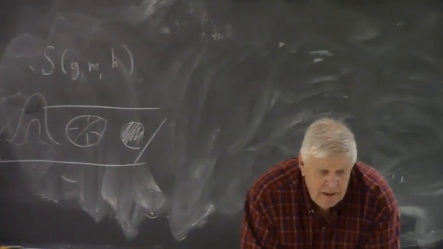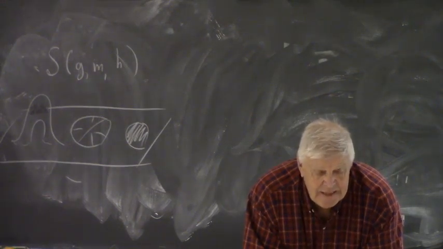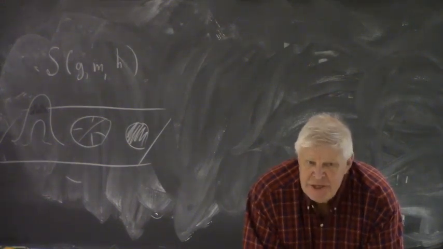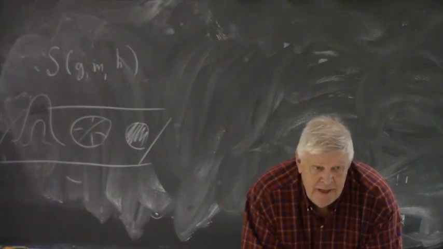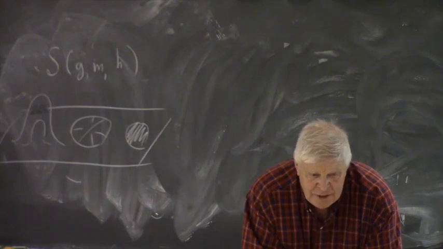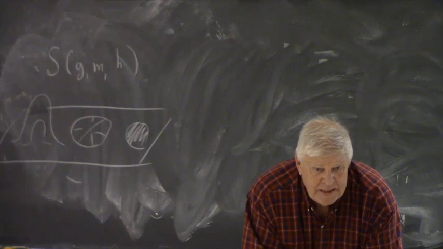So we take a sphere, we attach G handles. There's G here, if you don't know. Actually, it's the abbreviation of the word genus, and it comes from basically algebraic geometry. M is the number of Möbius bands attached, and H the number of holes.